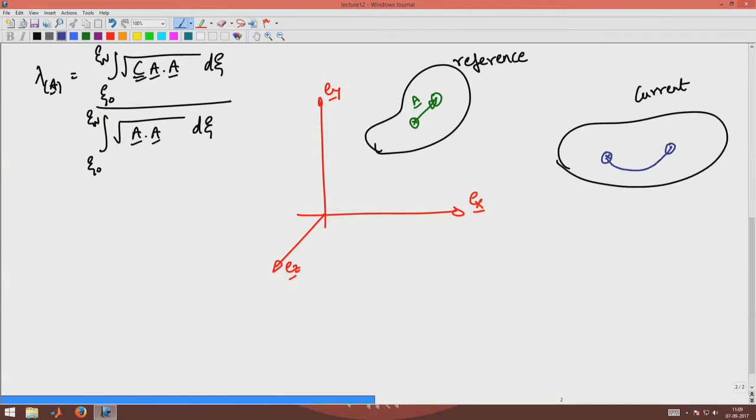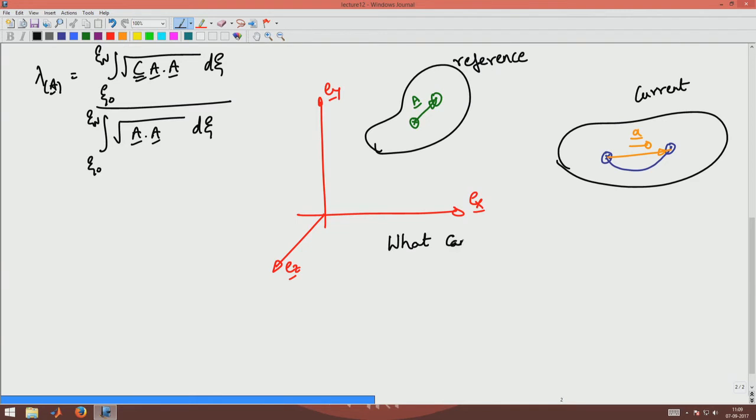Okay. Now, instead of it deforming like a curve, if I say it deforms like a straight line, say this was also a straight line with orientation A, this also deforms as a straight line with the orientation A, then what can I say about F?